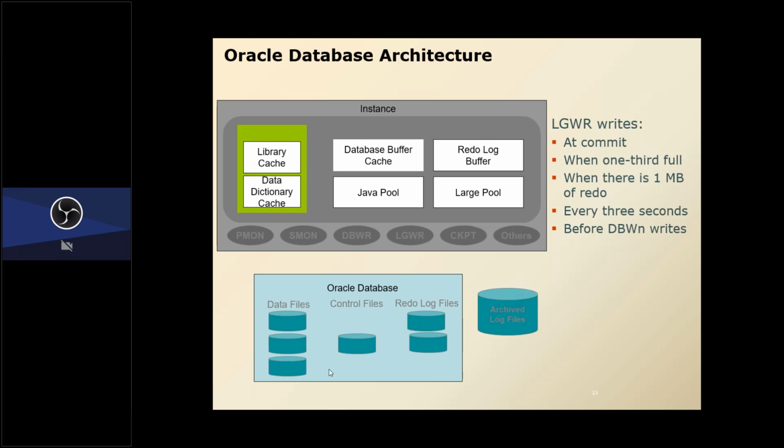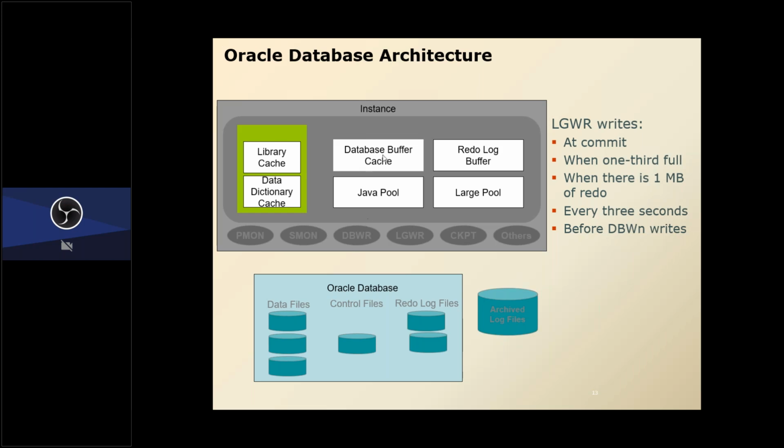Now how it works is, say for example, you are updating any row, so that becomes a dirty buffer. The database buffer cache stores that updated record. So whatever update you do, basically it happens in the database buffer cache.